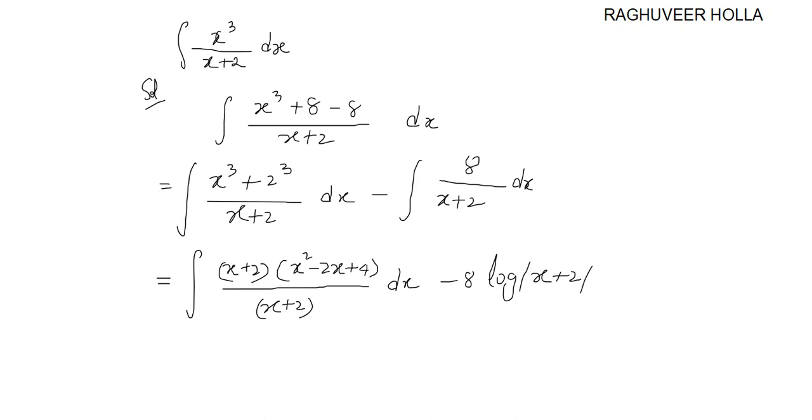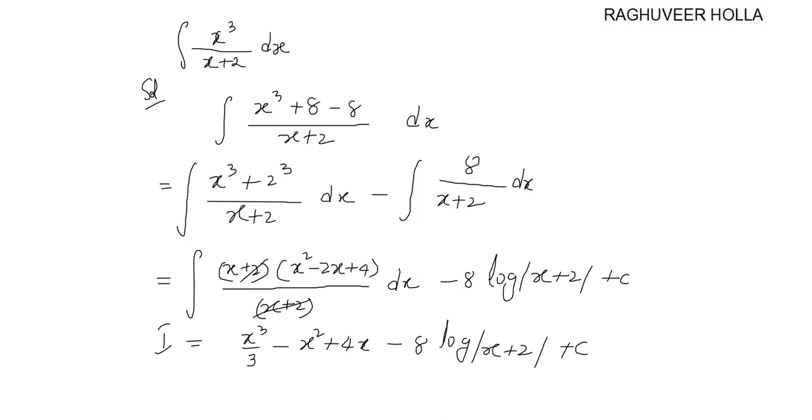Now if you look at this, I can cancel these two. So if I integrate this, I get x cube by 3 minus x square plus 4 into x, and this is the result, minus 8 log mod x plus 2 plus c. So this is the solution of this integral.